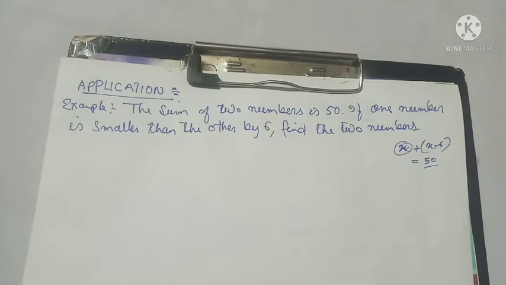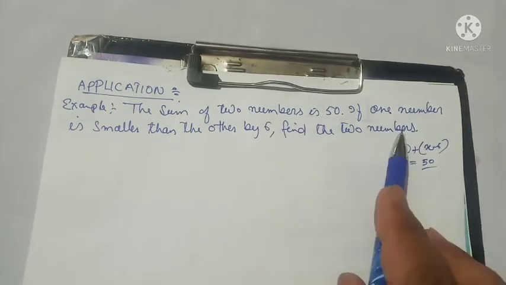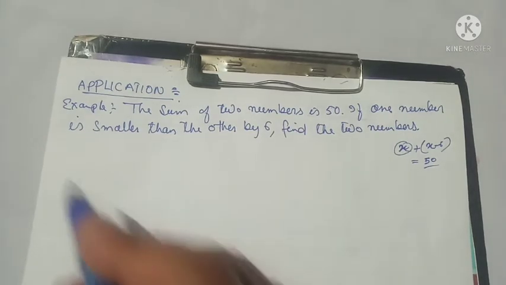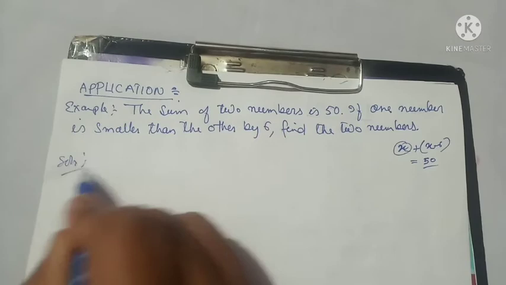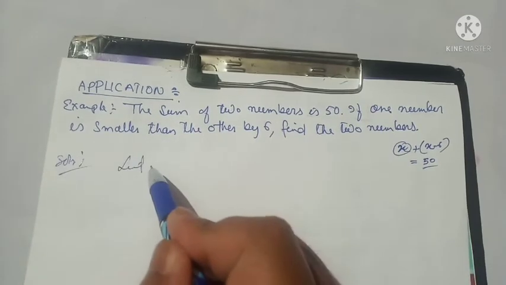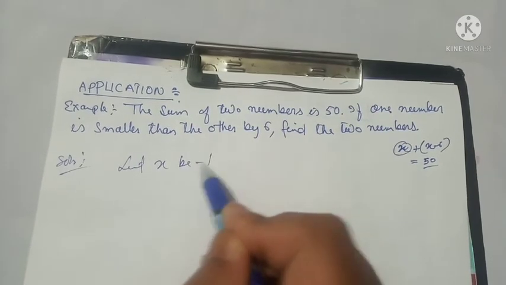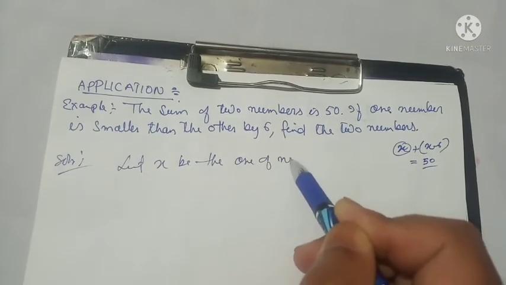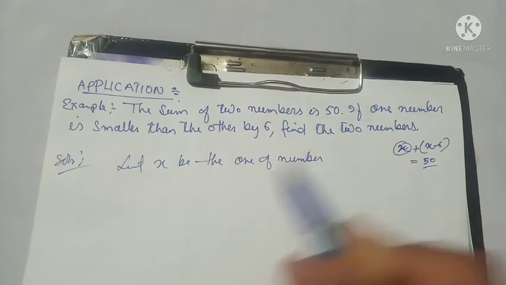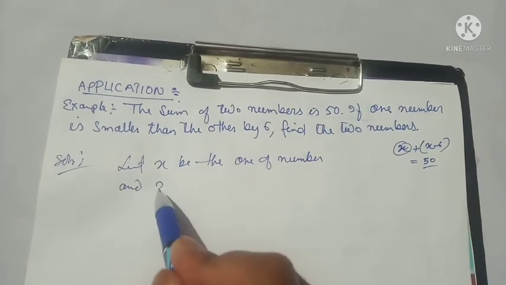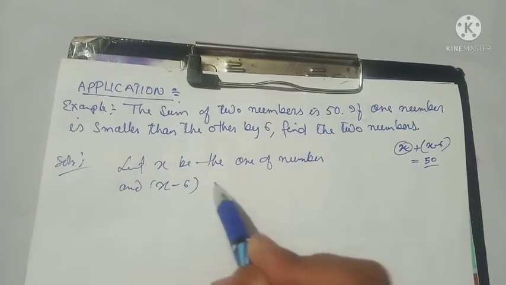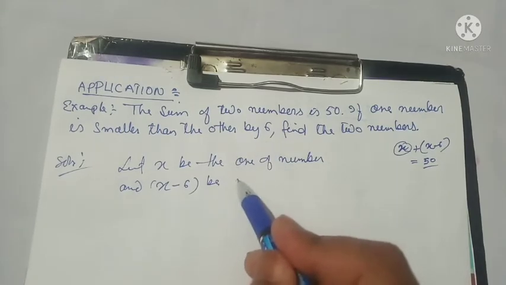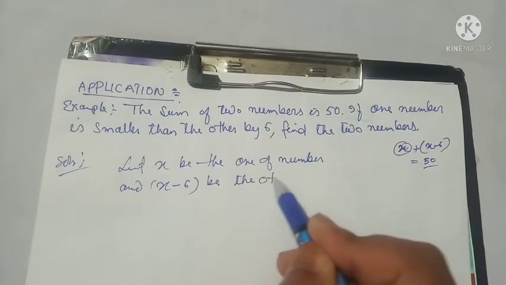Okay, so this is the answer. We have to write the solution: let x be one of the numbers and x minus 6 be the other number.